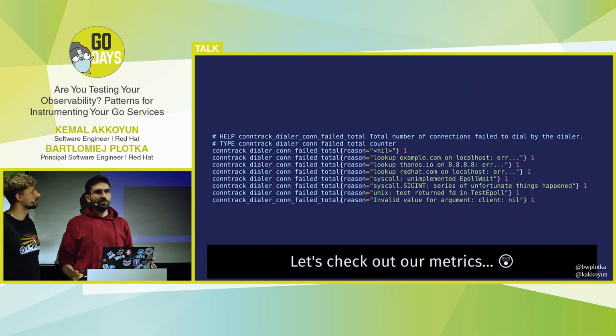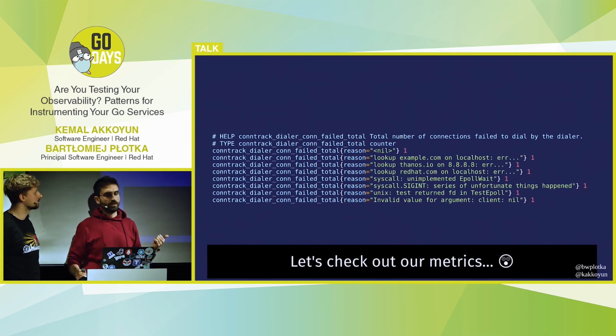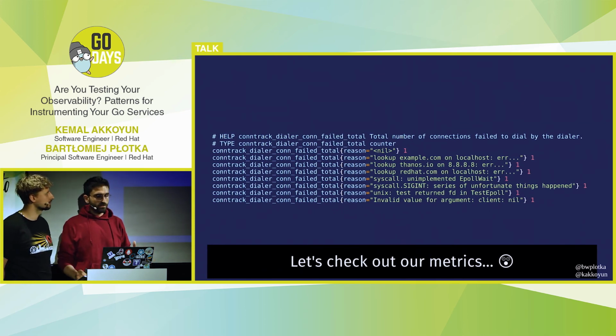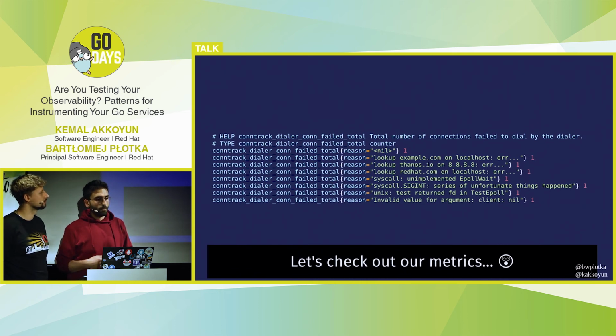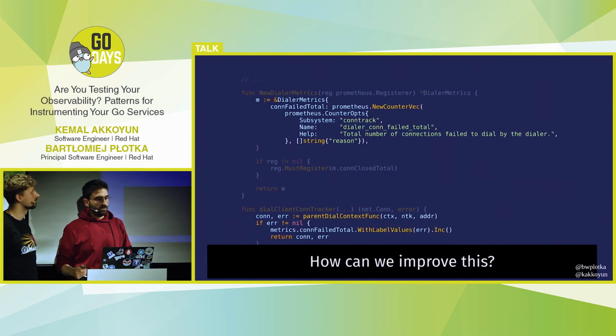So when we scrape our metrics, this is what we get. You see a lot of gibberish in there, arbitrary error messages, and this is not what we want. Prometheus is like an aggregative metrics-based system, so this is not an event logger. So this would just increase your cardinality, and it would easily break your system, and there's no value in having this thing. So how can we fix this?